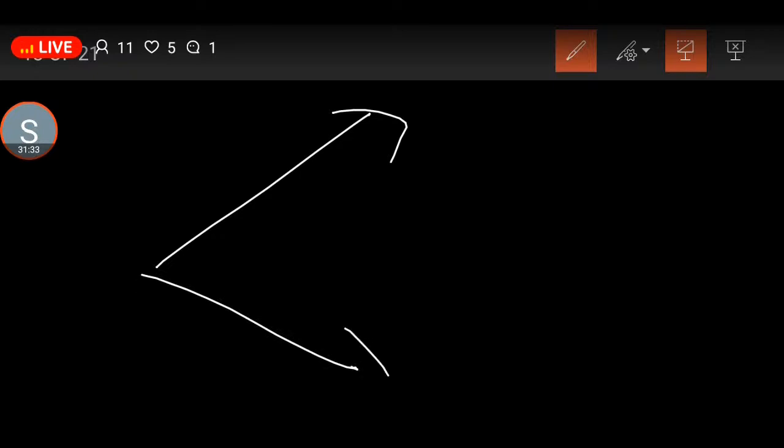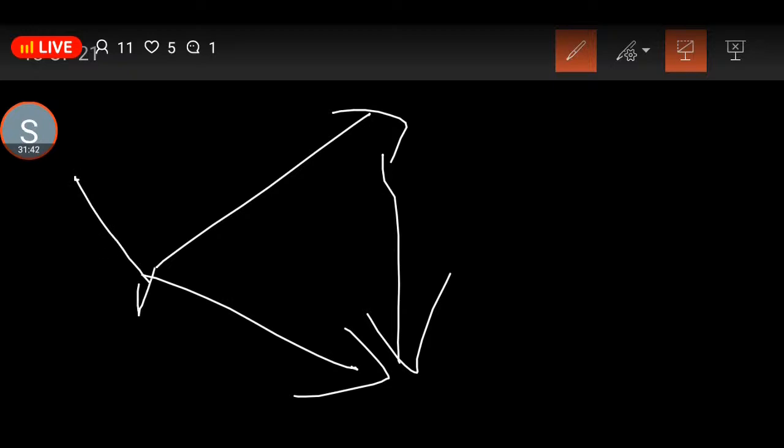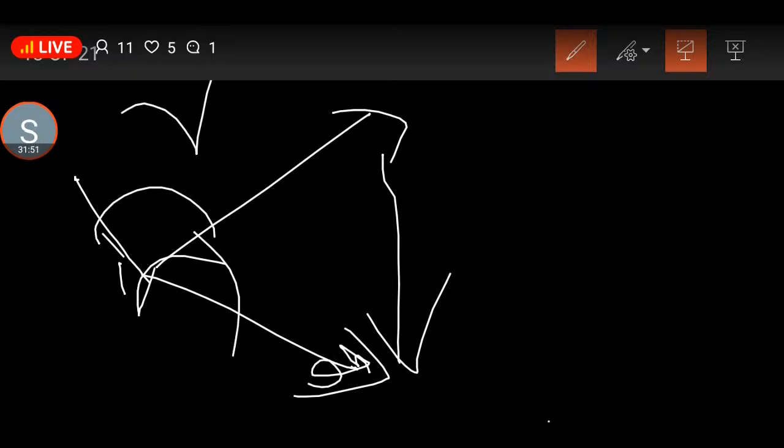And if you move the vector, the direction of this vector will be like this. If you move this vector, let this be gamma, and this will be 180 minus gamma, right?